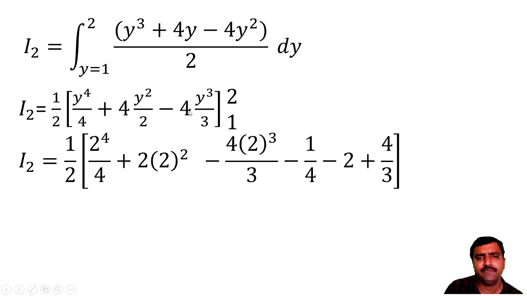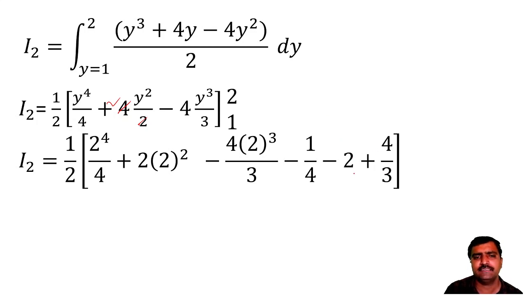So apply the limit: 2 to the power 4 by 4 plus 2, because here 2 and 4 cancel, 2 ones are 2, 2 twos are 4, so 2 is remaining. Upper limit is 2 square minus 4 into 2 cube by 3, minus 1 by 4 for the lower limit, 1 by 4, minus 2 plus 4 by 3.